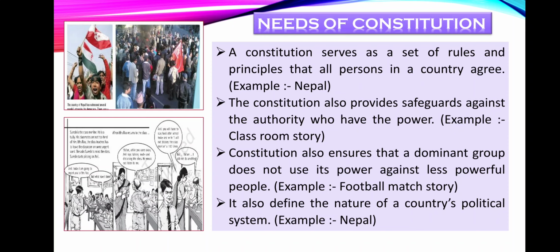A constitution represents their ideology, their way of thinking, their aspirations. In Nepal's case, we saw that people wanted a democratic system, they brought it, and once it was brought, the constitution worked really well to maintain it.